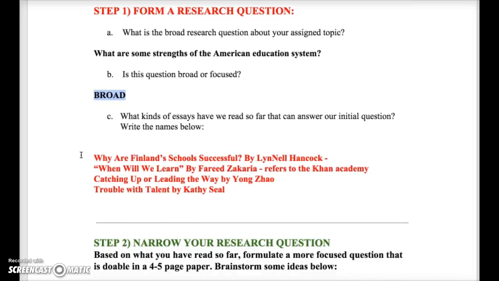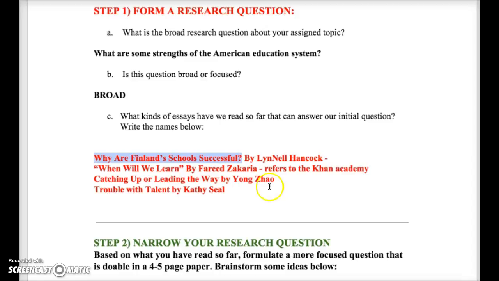I'm going to think back on some of the essays that talked about the strengths of the American education system. So mostly it's catching up or leading the way. His whole chapter 3 is dedicated to the strengths of American education. However, Zachariah talks about some of our strengths. I think I'll probably want to compare and contrast, so I'm going to look at Finland's school strengths and compare those to America's strengths.